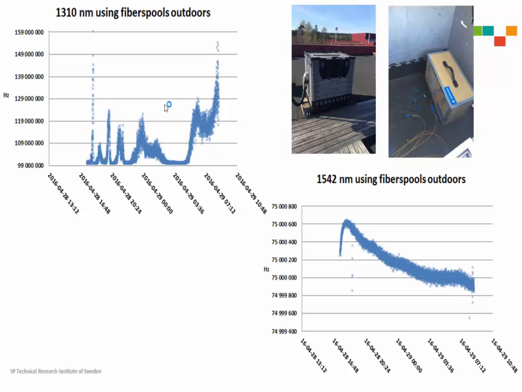We also measured the attenuation of the fiber. It had doubled, so that's why we couldn't get it to work at 1310, and we got it working at 1542 since it's not that affected by humidity at that wavelength.